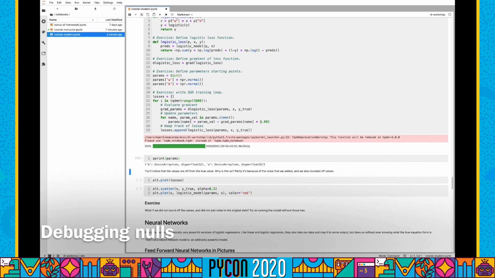Well, what might have happened is that in this logistic loss, one of our preds actually got evaluated to 0, and so therefore we get this extremely large loss. When you take the log of a 0, well, bingo, good luck, you get a null value. So to fix that problem.